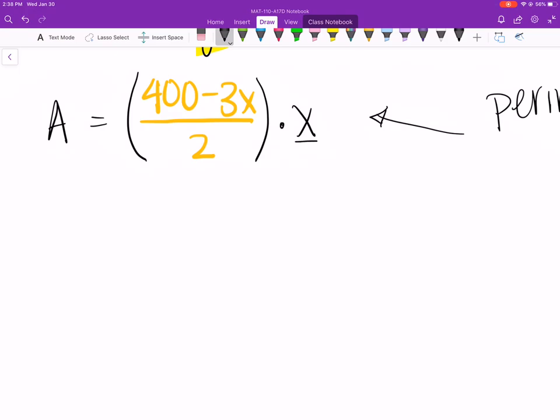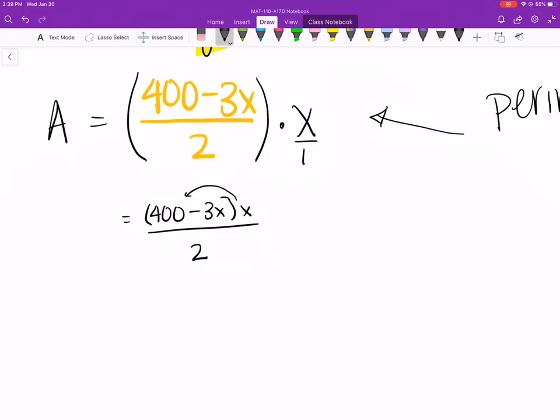That is x over 1. So what I would do is I'm going to multiply across the top. So that's multiply across the top, 400 minus 3x times x. That's what I wrote in the second line. On the bottom, 2 times 1, which will give me a 2.